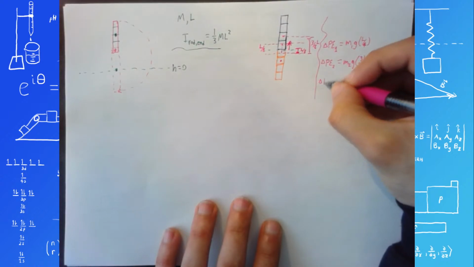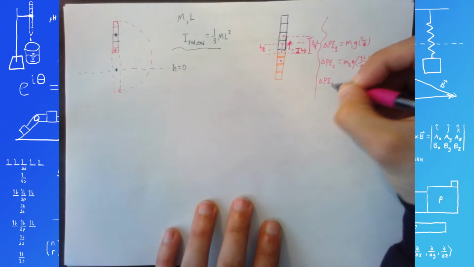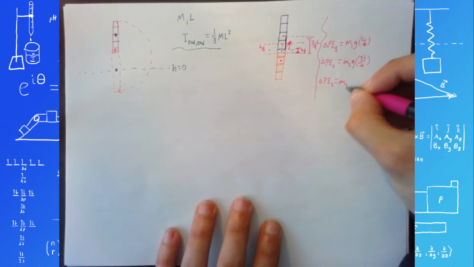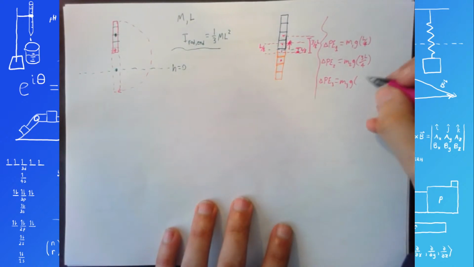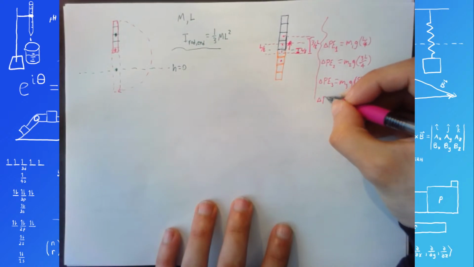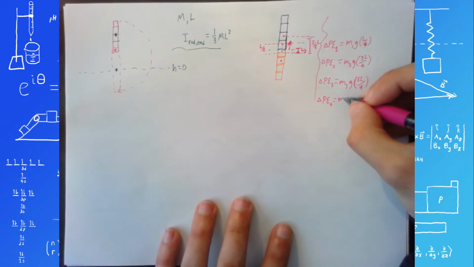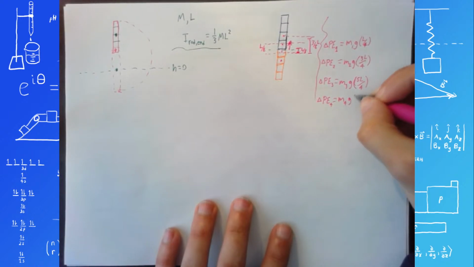And then the change in potential energy for the third piece, if you continue following the pattern, will be M3 G times 5L over 4. And then the change in potential energy of the fourth piece would be M4 times G times 7L over 4.